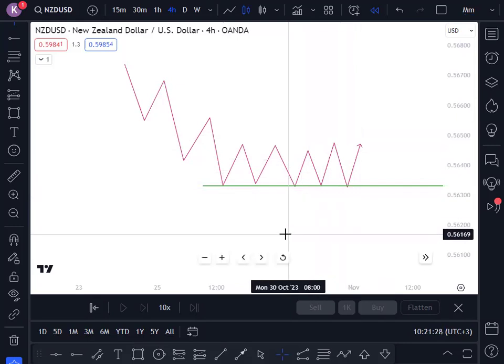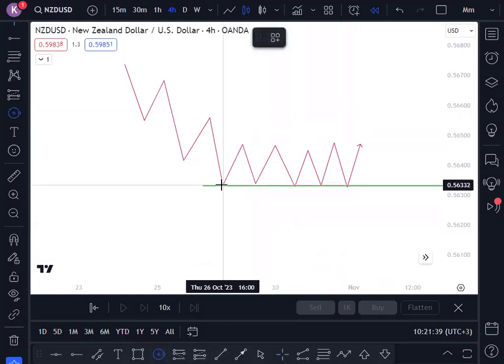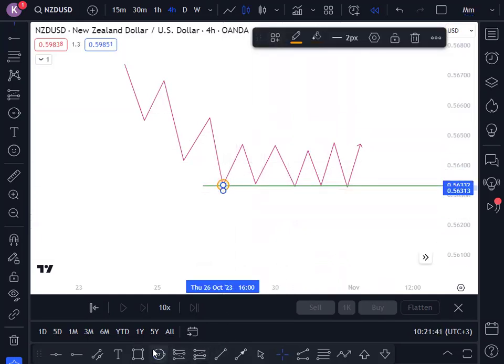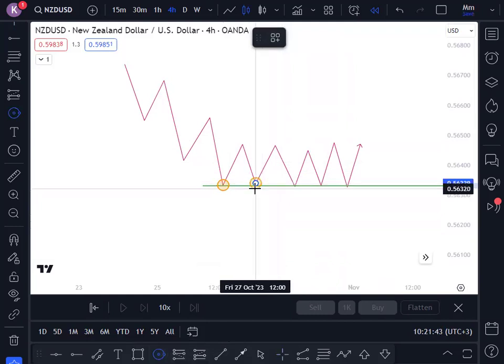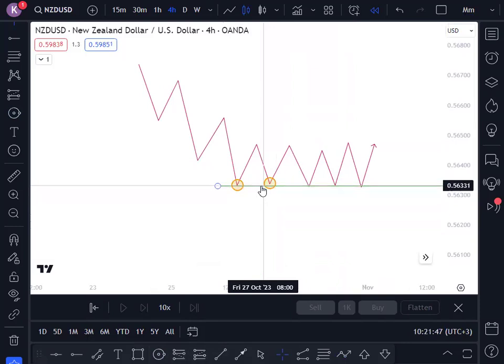One thing you should know, whenever you are trying to draw your support, you must look for at least two multiple touches. First, second here, and the third here. So if the market rejects a key level twice, then that should be called a support.